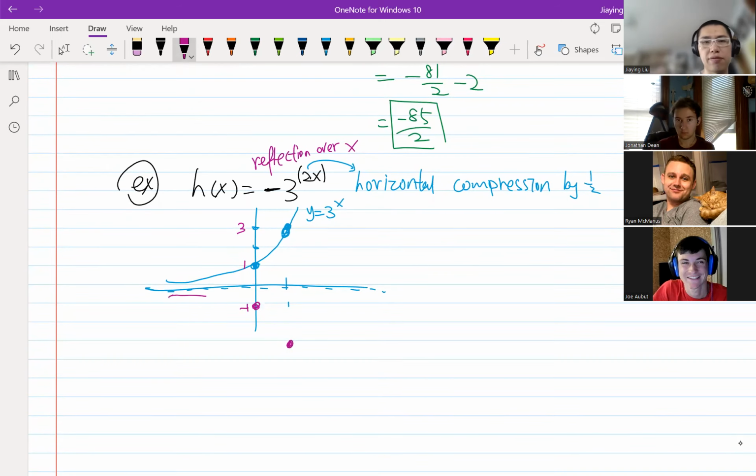So we get this graph when we reflect over, -3 to the x. And what about the horizontal compression by half? Well, we take every x value and multiply by half, but keep the y the same when we perform the horizontal compression. So the 0, -1, x is already 0, so when we multiply x by half, it doesn't change. The 1, -3.